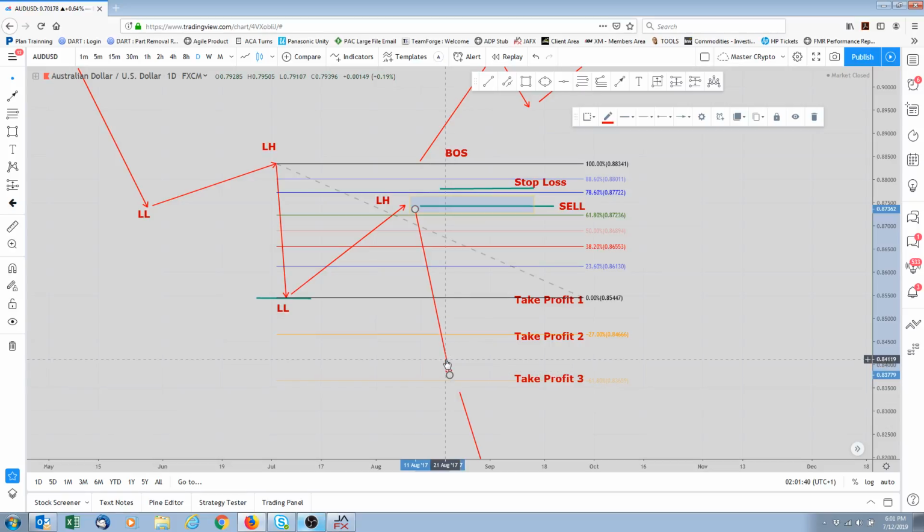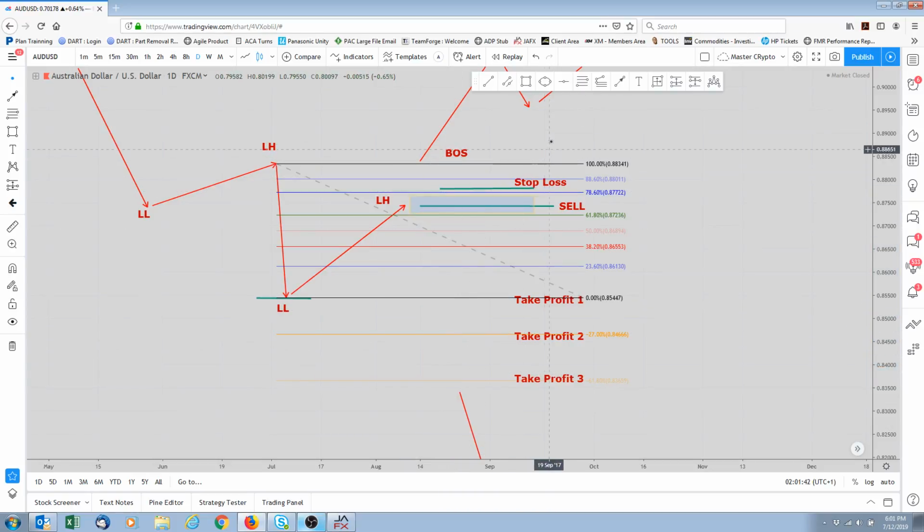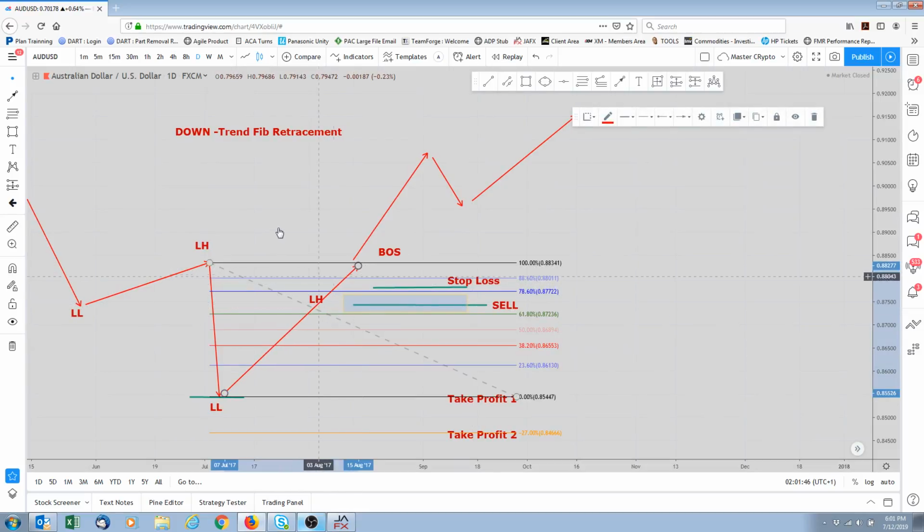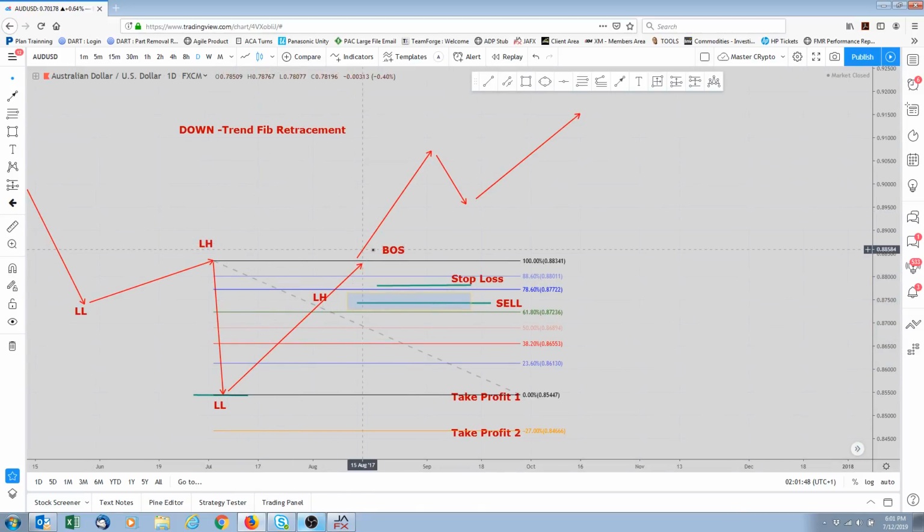So let me delete this. And like I wanted to continue up here, like I was saying, when there's a break of structure, that's when price goes from point A to point B and goes all the way back to 100%. So that means price went from this point, made a lower low, and retraced 100%.